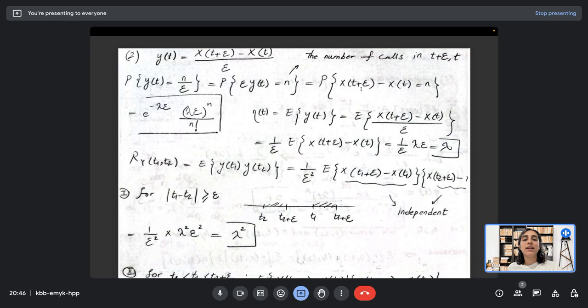Again, we come to the Poisson process, which is from time t to time t plus epsilon. So the delta time is epsilon, and the probability density function is going to be this, exactly the Poisson process, just substituting t with epsilon.